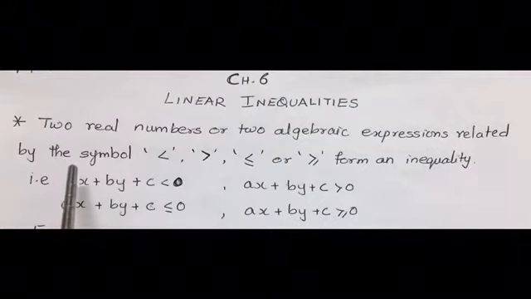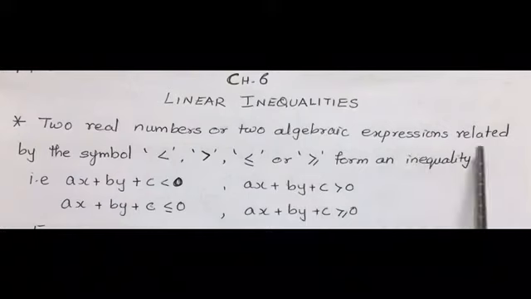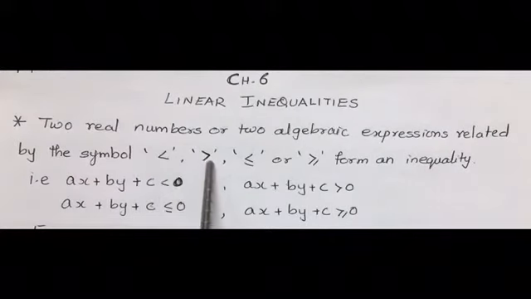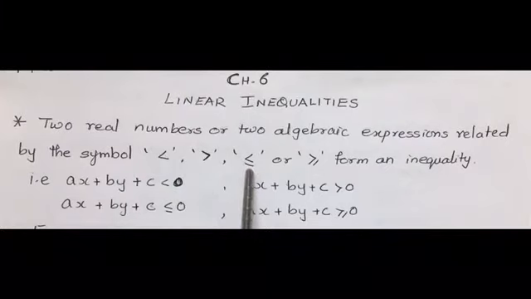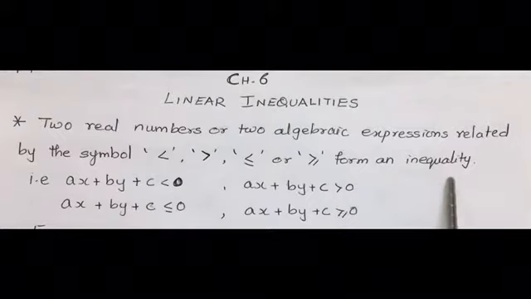So according to the real and algebraic expressions, an inequality can be formed as two real numbers or two algebraic expressions related by the symbol less than, greater than, less than or equal to, or greater than or equal to.